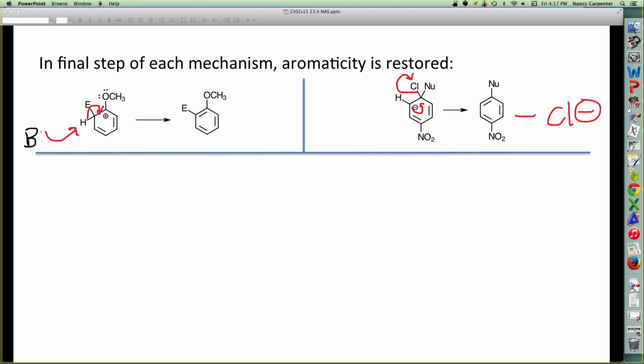So that step is also an elimination step. This is the step that we didn't cover much. Carpenter barely briefly mentions it. It's called E1CB for conjugate base. And basically what you can see is it's just doing what it needs to do. Regenerate the aromatic system, and instead of kicking out the nucleophile, it kicks out the leaving group.